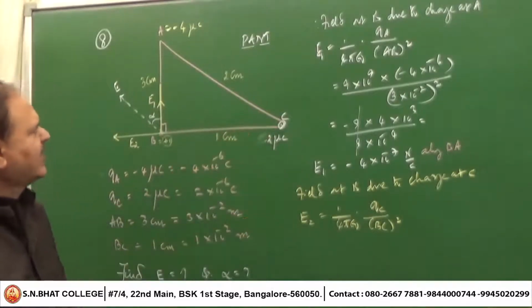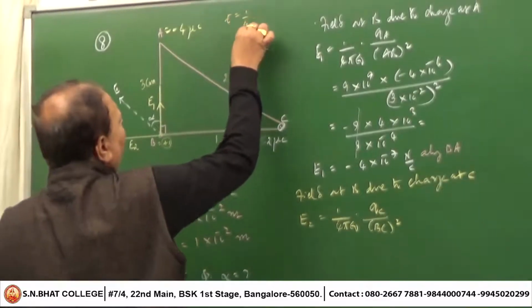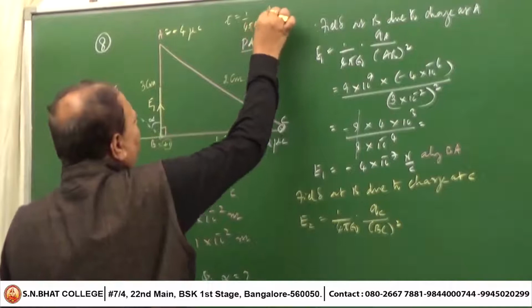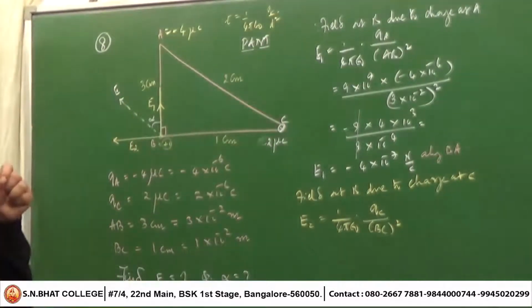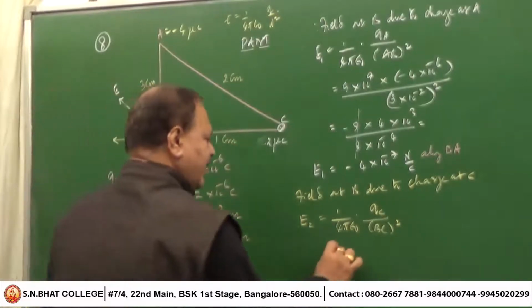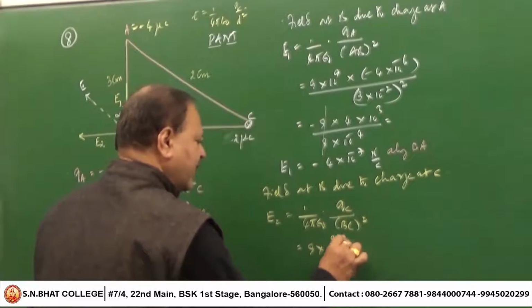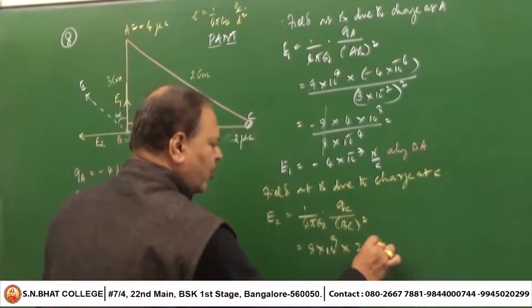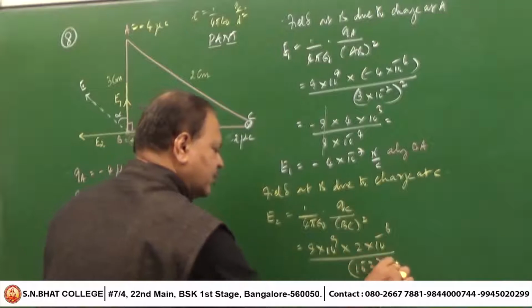That is the generalized formula: E is equal to 1 by 4 pi epsilon naught into Q by D square. So you substitute all these things, and this value is equal to 9 into 10 to the power of 9, your QC is equal to 2 into 10 to the power of minus 6 divided by 10 to the power of minus 2 whole square.